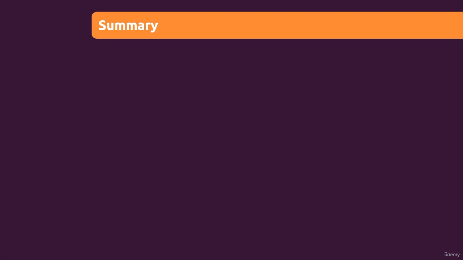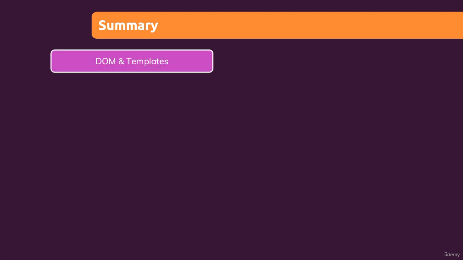And this was a huge course section, of course, since we covered all the important fundamentals you need to know about Vue. We learned how interacting with the DOM works and how Vue manages templates to allow you to use certain Vue features which are then reflected on the actual page.